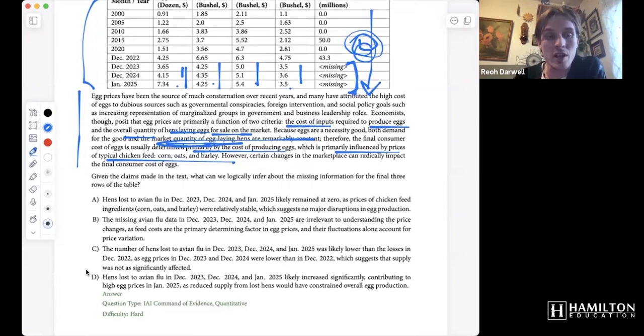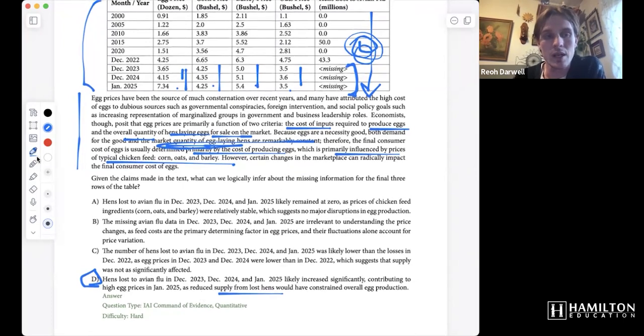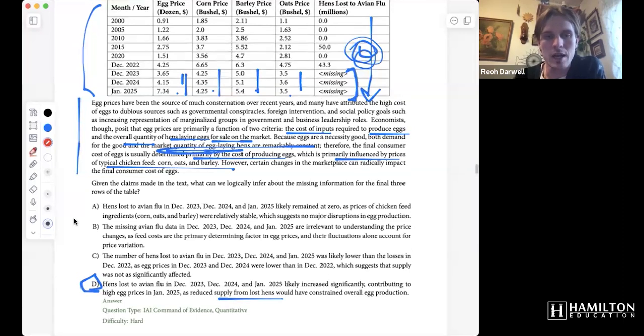So as such, the only answer choice that says that is D. Because D says hens lost to avian flu, basically the quantity of hens changed significantly, meaning egg prices are a consequence of lost hens. Some of these other answer choices maybe have correct pieces, but they don't answer the question all the way.